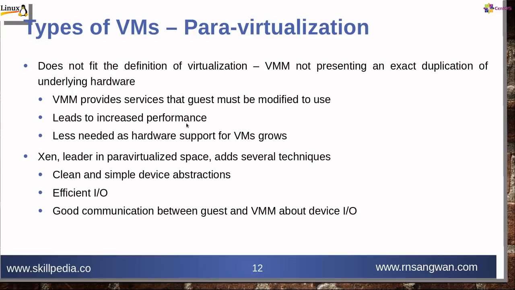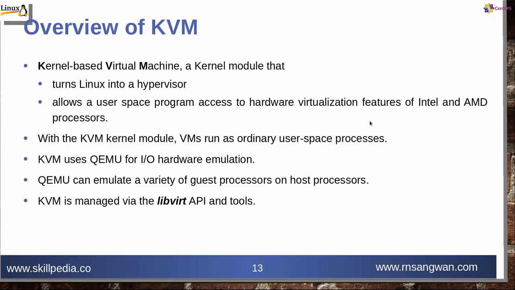This leads to increased performance, though it is less needed as hardware support for virtual machines grows. Yes, Xen is the leader in the para-virtualization space. It adds several techniques: clean and simple device abstractions, efficient input-output, and good communication between guest and VMM without device I/O.